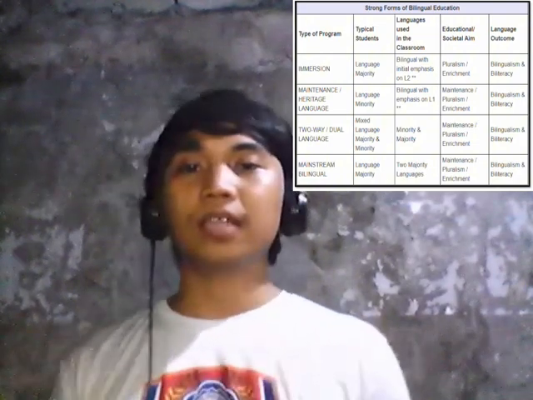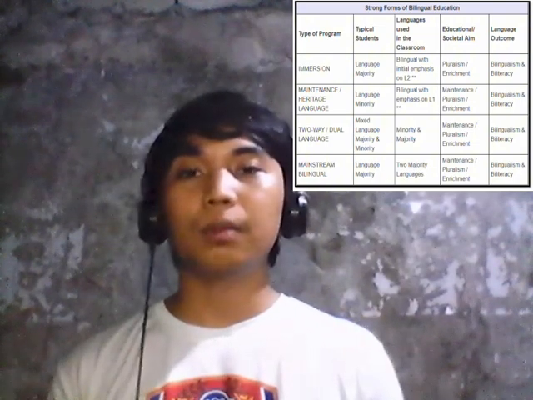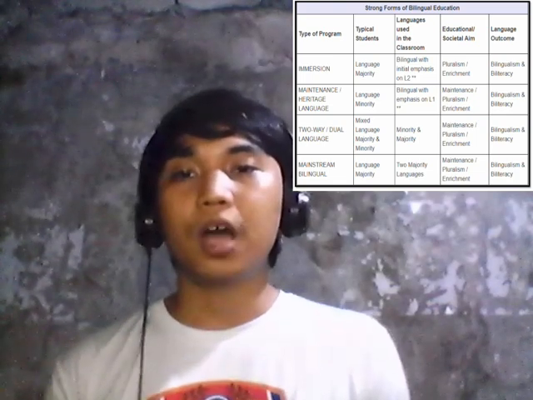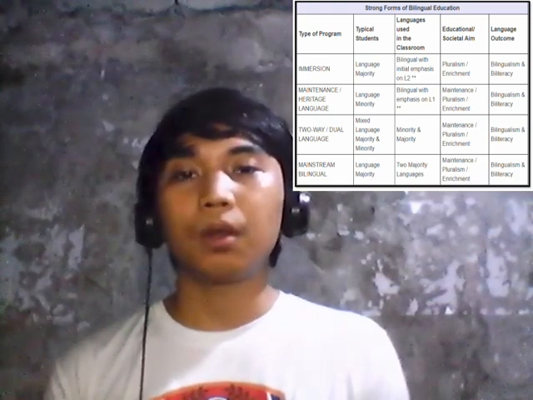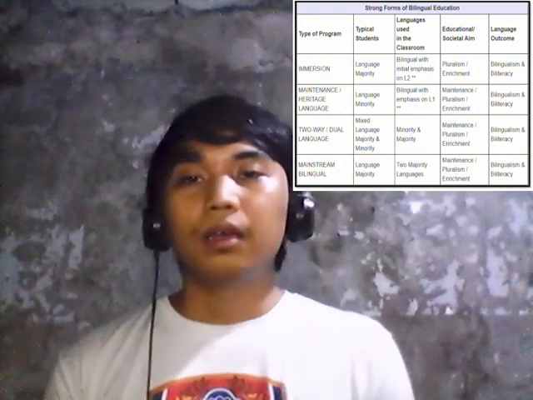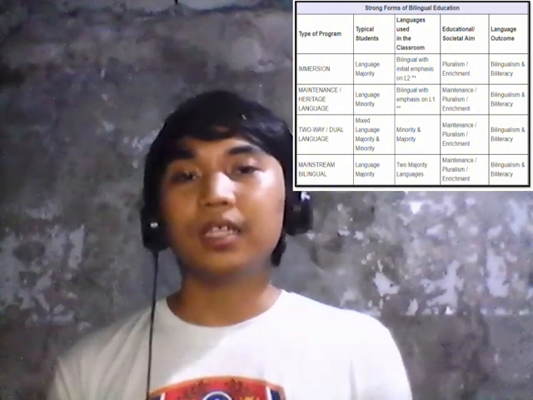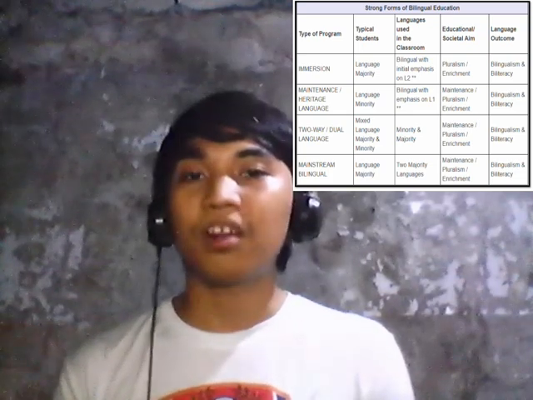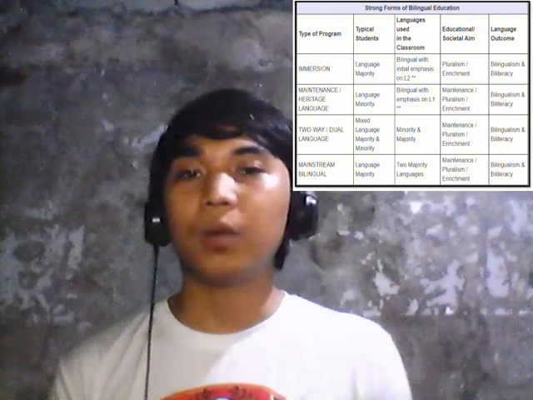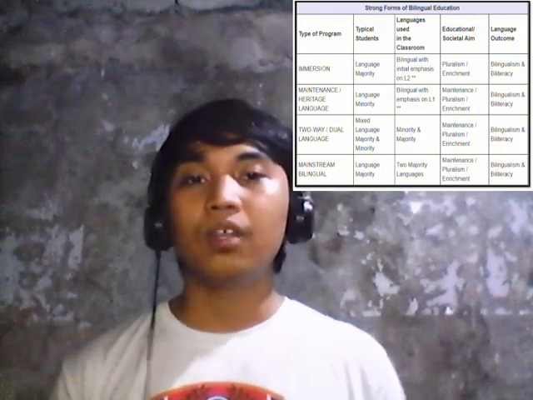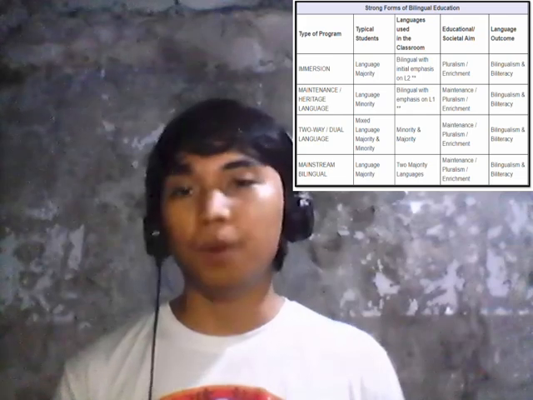Educational or societal aim: pluralism or enrichment. Language outcome: bilingualism or biliteracy. An example: an English-speaking student is placed in a French immersion program where French is the primary language of instruction in the early years, with the goal of becoming fluent in both languages.